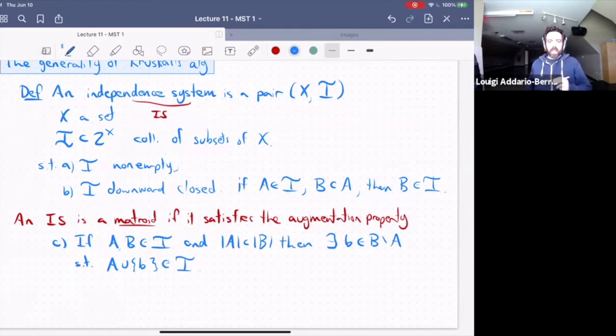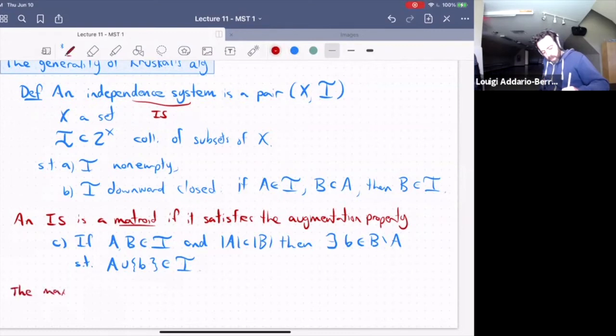Okay, so again, collections of independent vectors in a vector space are the canonical example of this. If I give you a set of 5 linearly independent vectors and a set of 6 linearly independent vectors, then at least one of those 6 can be added to the first 5 to create a larger independent set.